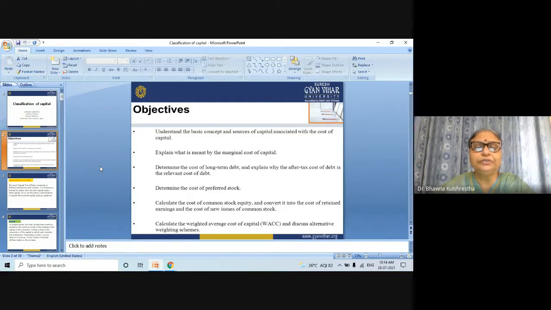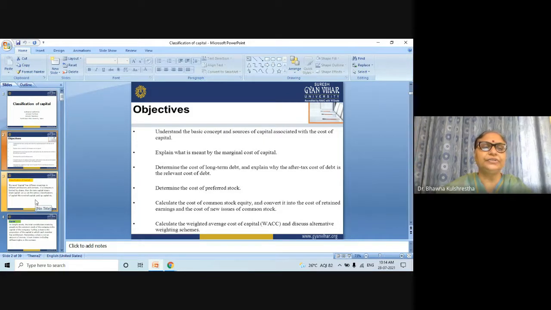Calculate the weighted average cost of capital, WACC, and discuss alternative weighting schemes. These are the objectives of this topic.